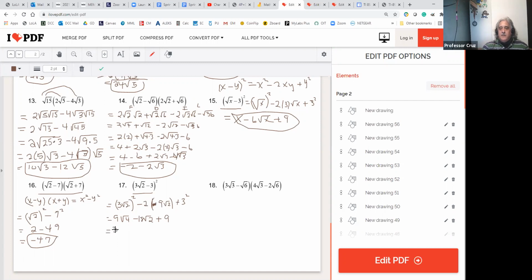Oops, 9. And then this is 2. Square root of 4 is 2. It's 18 plus 9. Those are going to go together. And then you got negative 18 square root of 2. 9 and 18 is 27.